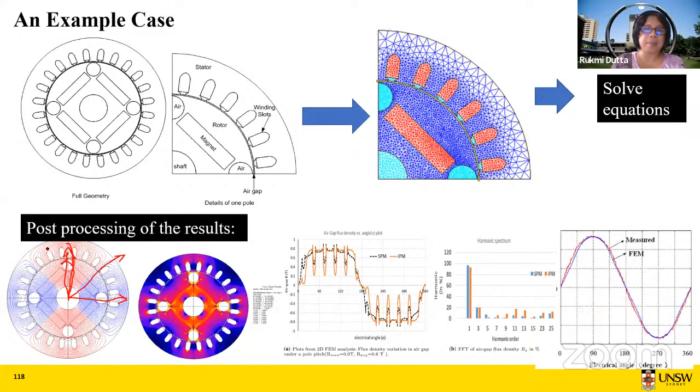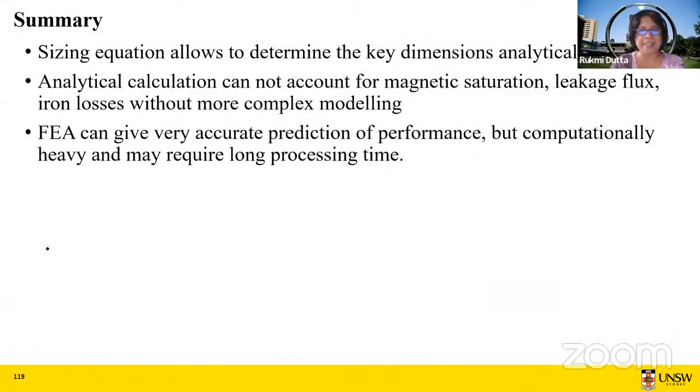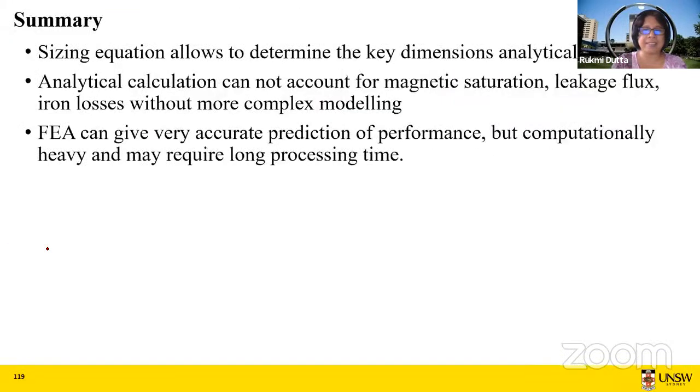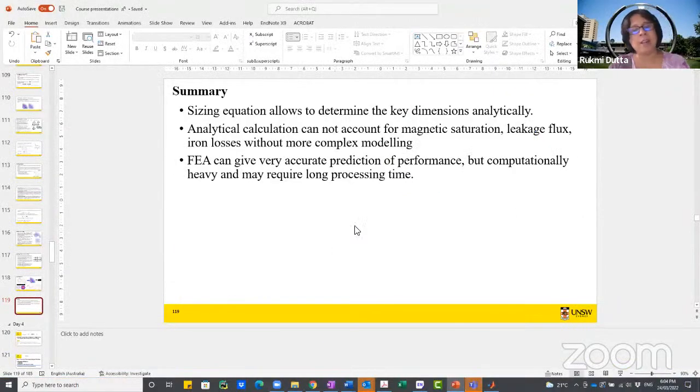Whereas in a salient pole conventional synchronous machine, if you remember, it was the other way around. In the d-axis it sees the small air gap, and in the q-axis it sees the large air gap.